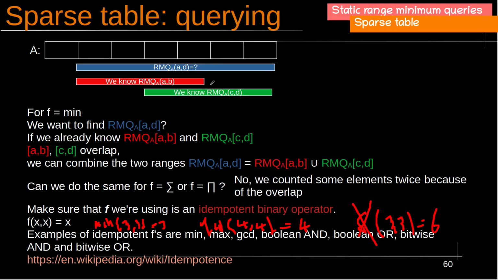Examples of idempotent functions are min, max, GCD, boolean and, boolean or, bitwise and, bitwise or, etc. You can see that on Wikipedia to go deeper into the meaning of idempotence or an idempotent function.